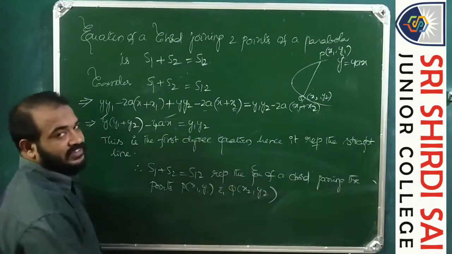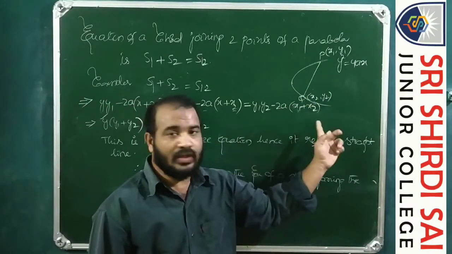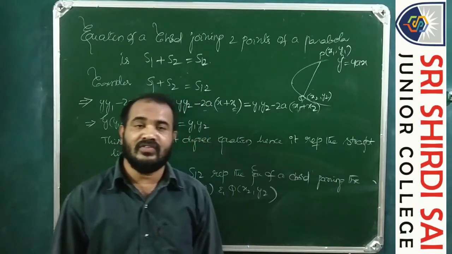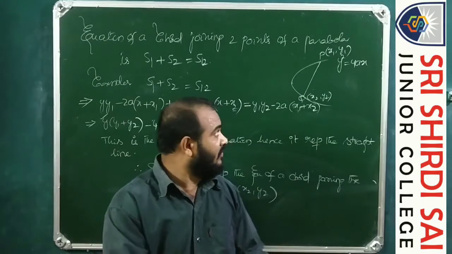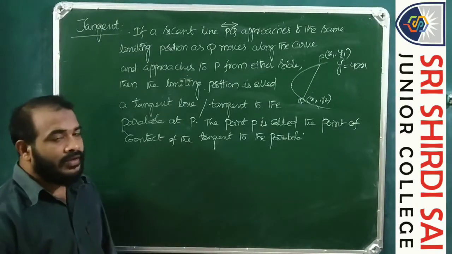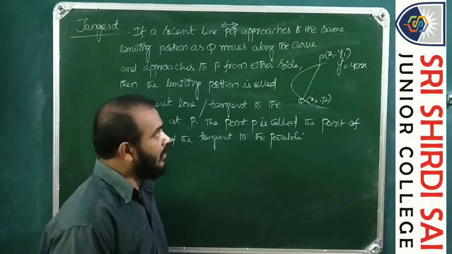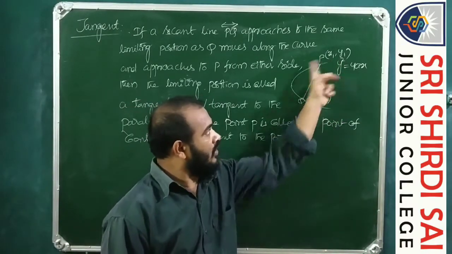So in the next session we will be discussing the equation of the tangent to the parabola. So the limiting point concept that we have discussed earlier in circles, in the same way we will be discussing here also. Now let us see the equation of the tangent to the parabola. So earlier this PQ is a chord.